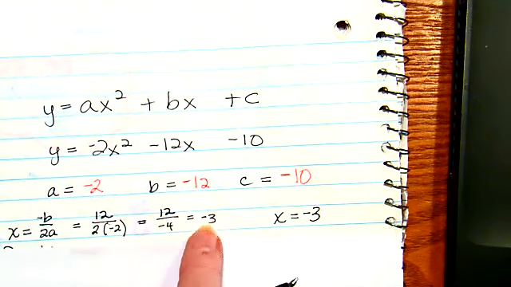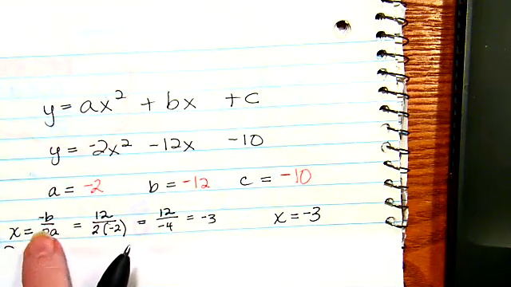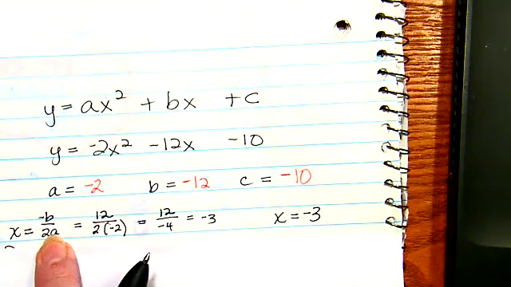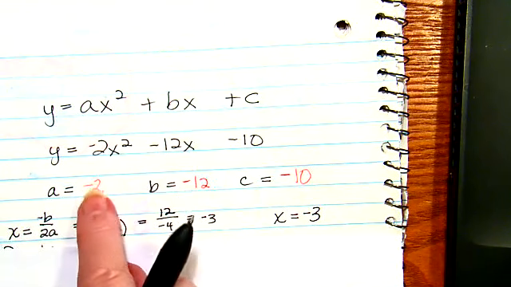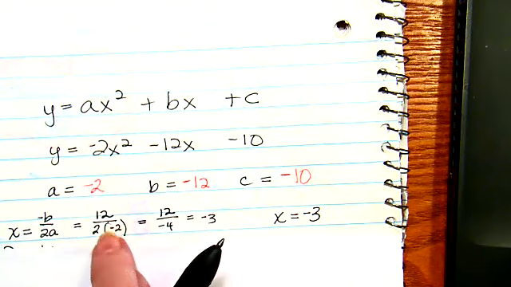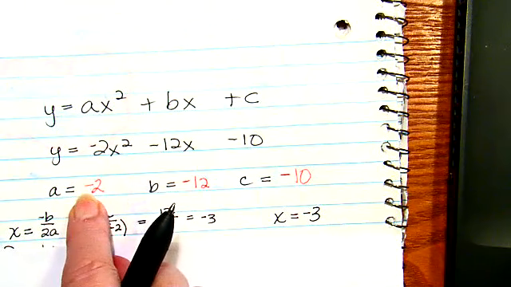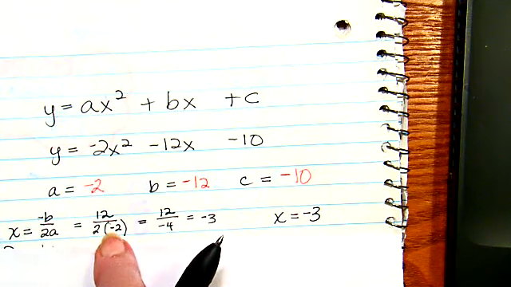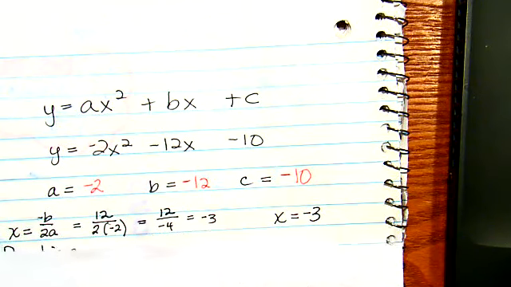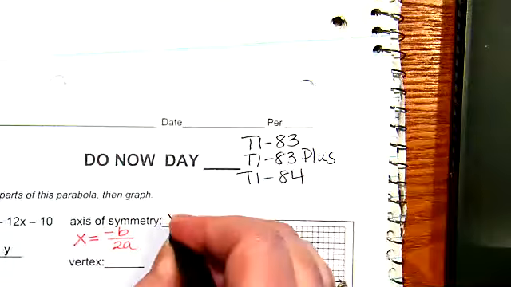And again, I got the negative 3 from calculating negative b over 2a: the opposite of the b divided by twice the coefficient of a, twice whatever a is. And that is the axis of symmetry.